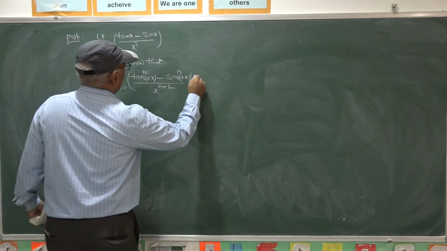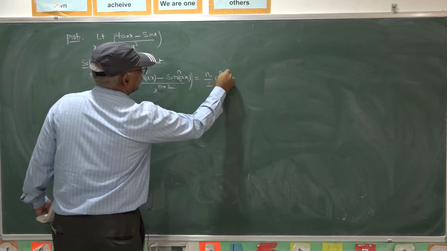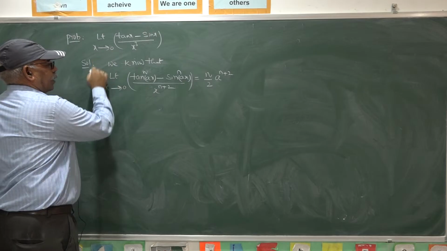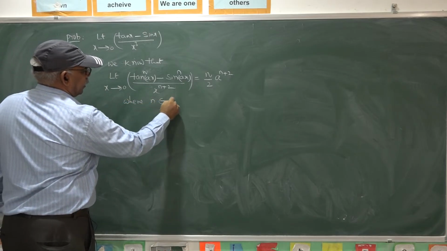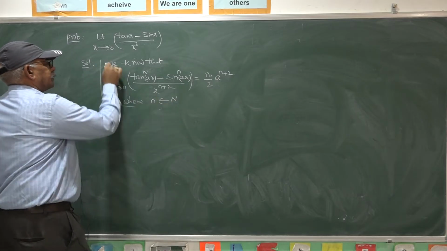This is nothing but n by 2 a power n plus 2. This is our formula where n is a positive integer. n belongs to N, the set of natural numbers.